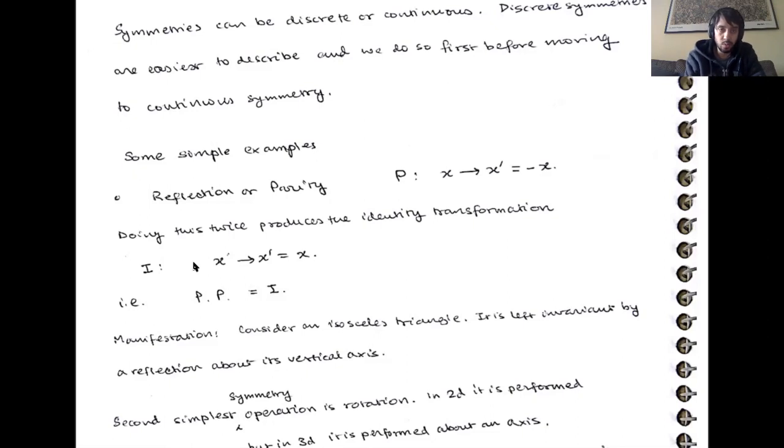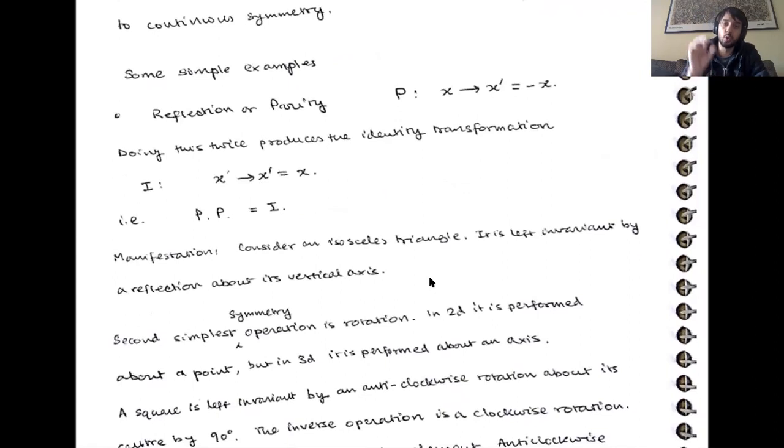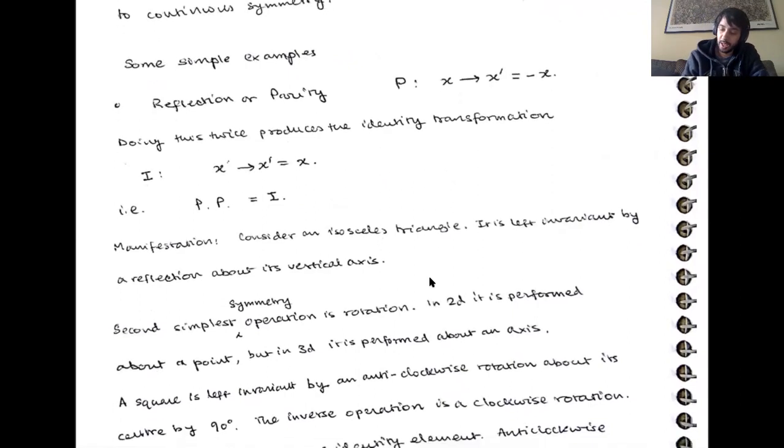Then you would look at the reflection about its vertical axis. There is one flip, and this is left invariant under a reflection about this vertical axis. That's in a sense a symmetry.